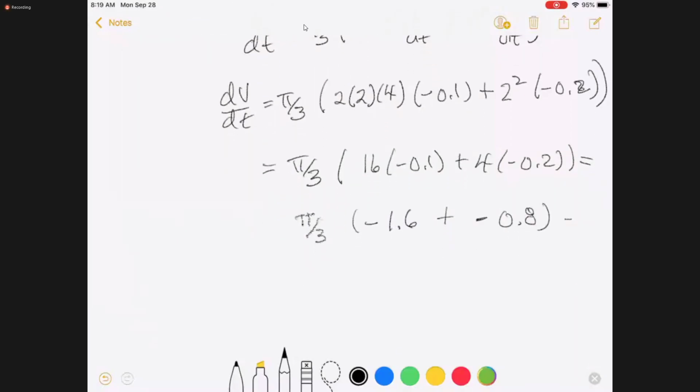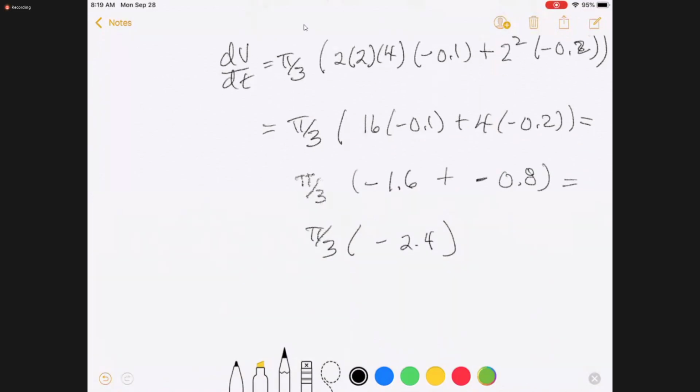So that's going to be minus 2.4. So if that's true, then dV/dt is, and I could divide out 3 from that too, minus 0.8 pi cubic feet per minute.